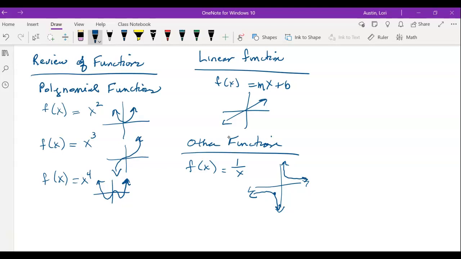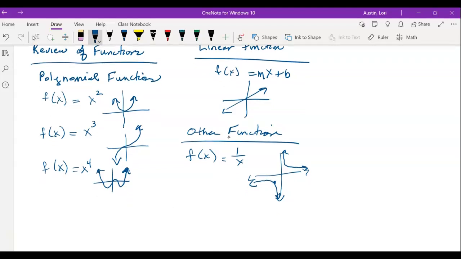Okay? Now, what if I change that function to 1 over x squared? Well, guess what? 1 is still 1, right? We still can't have the 0, right? 1 is still 1. But what does negative 1 become now? 1.